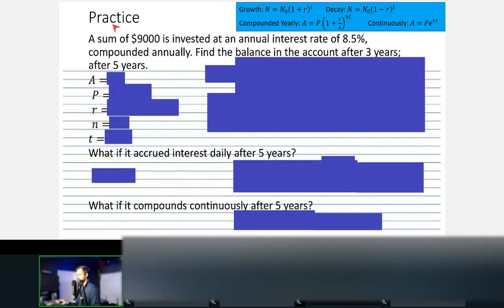Okay. Next problem. A sum of $9,000 is invested at an annual interest rate of 8.5% compounded annually. Find the balance in the account after 3 years. Now, I meant to cover this up, but looking at our four formulas, which formula are we going to use?